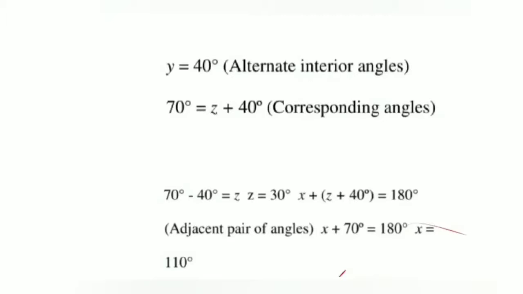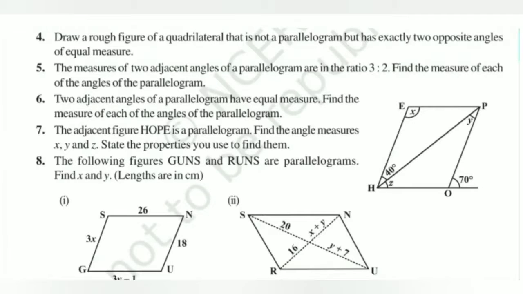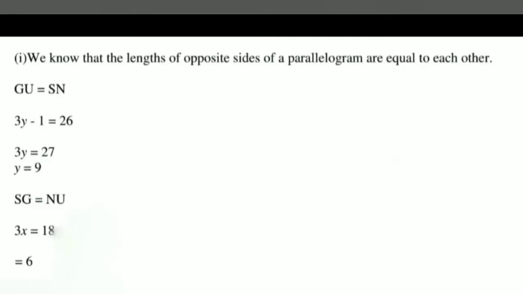Question number 8. The following figures GUNS and RUNS are parallelograms. Find X and Y. See the figure. It is a parallelogram, and in a parallelogram opposite sides are equal. So we can write here GU is equal to SN.